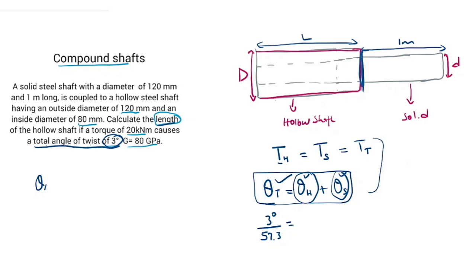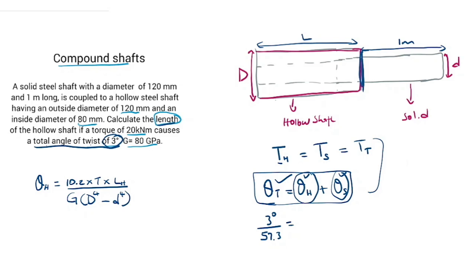The angle of twist for the hollow shaft is equal to 10.2 times the torque times the length for the hollow shaft, divided by the modulus of rigidity times the external diameter to the power 4 minus the internal diameter to the power 4.